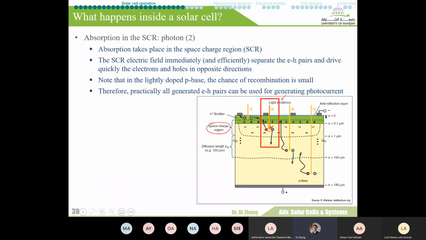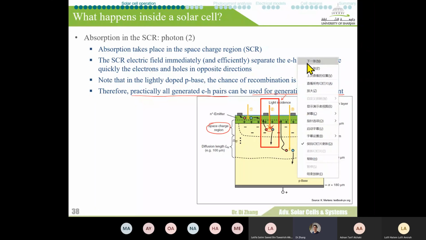We typically say that practically all the generated electron and hole pairs inside the space charge region, most of them, can be collected, can be harvested to generate photocurrent. So they will contribute very significantly to the short circuit current that you are seeing. Okay, so that is the second scenario.